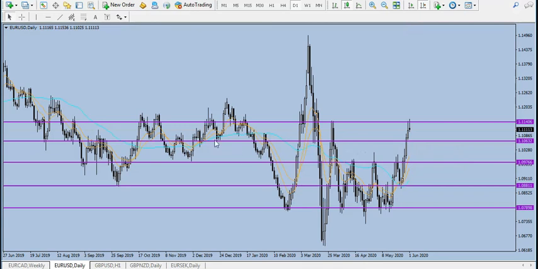And now you can see it here acting as support again, here acting as resistance, here acting as support, resistance, support. So this is a very important level as well.